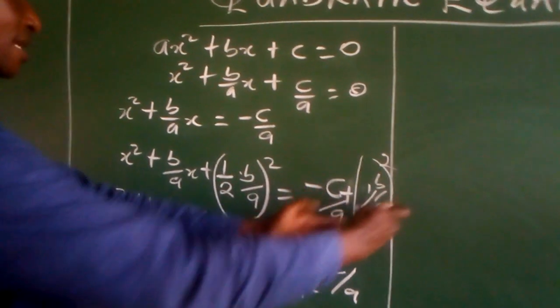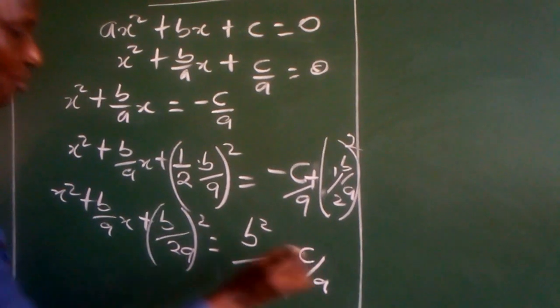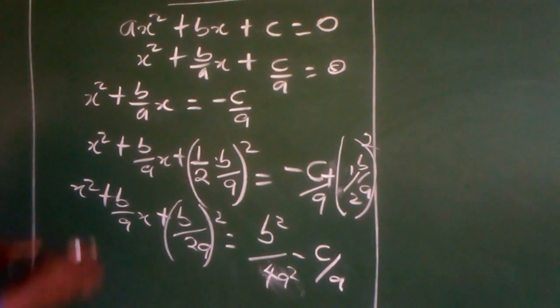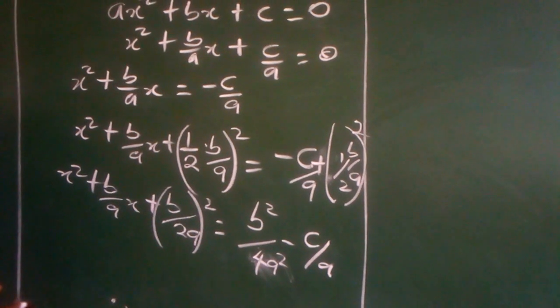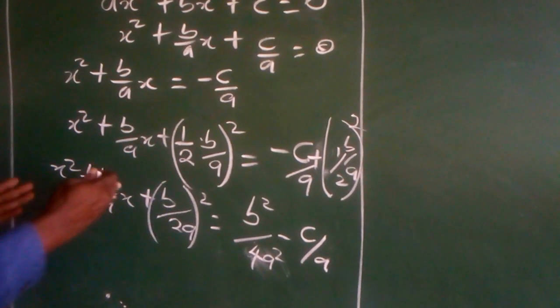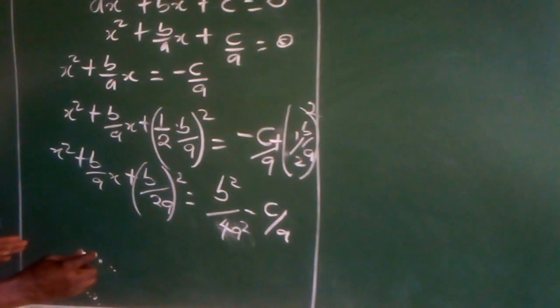We have squared this part, and this is it, 4a squared. So you take the squared terms at the left hand side, and this is the completion of square methodology of getting the square of the quadratic expression.